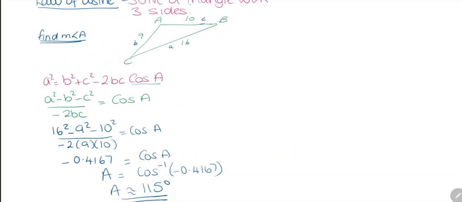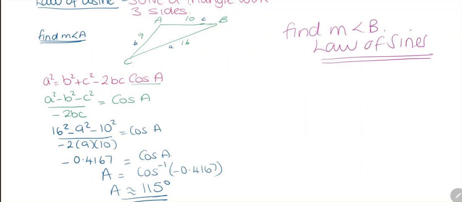Okay, so we've got angle A. So to find angle B, we can use the law of sines. Now we know an angle. So we're going to use the sine of A over a is the sine of B over b. And we've calculated A, 115.